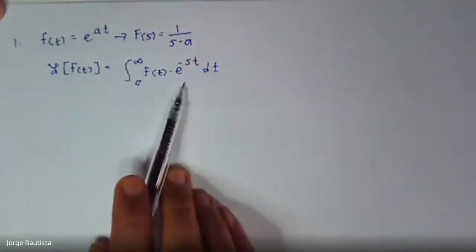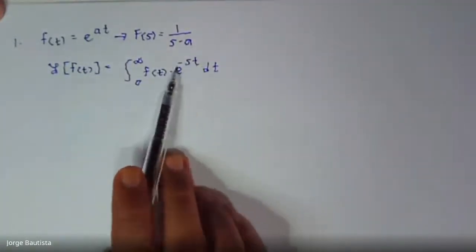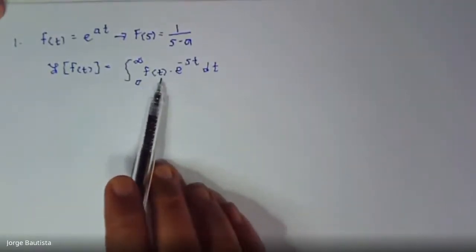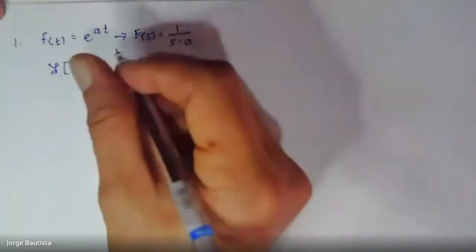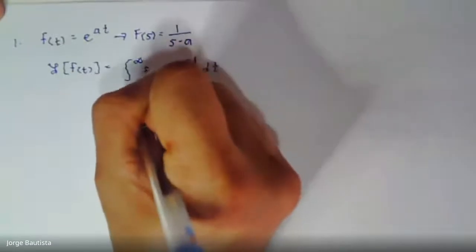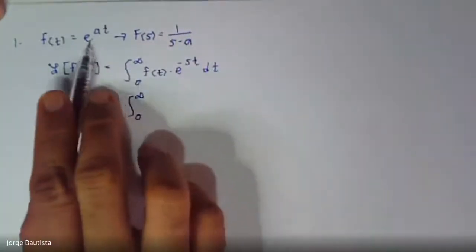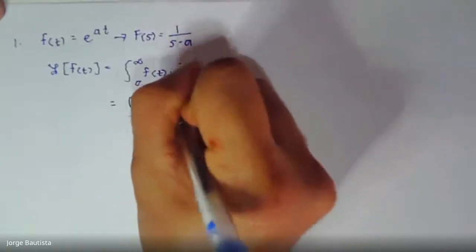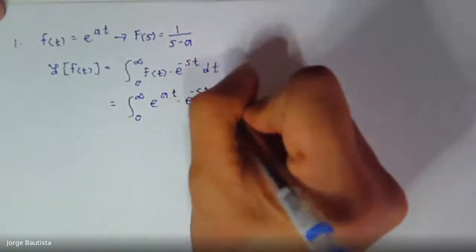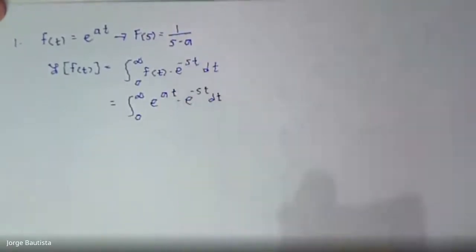Now, e raised to negative st is the factor, okay, that can convert your time domain to your frequency domain, okay. So that is equal to the integral from 0 to infinity. F of t is given as e raised to at, okay, multiplied by e raised to negative st, dt. Okay?